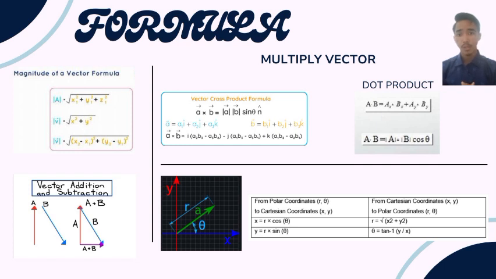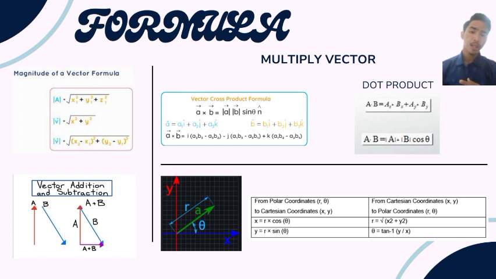We have a formula to find the magnitude, as I already said, and a formula for adding or subtracting a vector, which is something really easy. You can add a vector like adding simple numbers, but you have some rules. In the application, next I will explain how to add and subtract the vector.